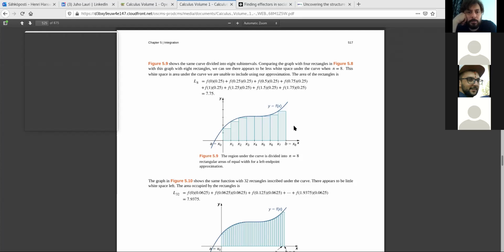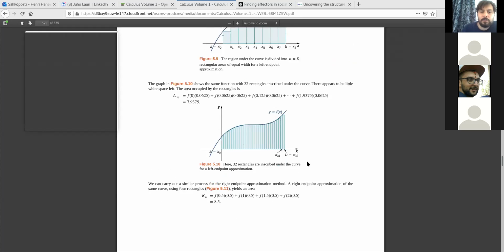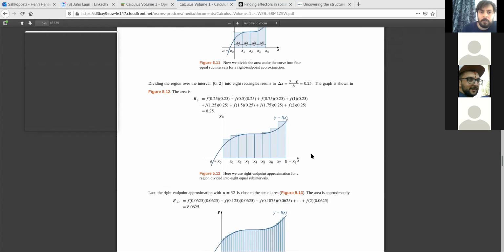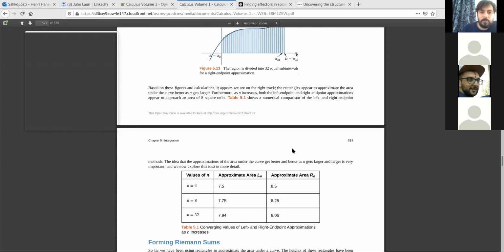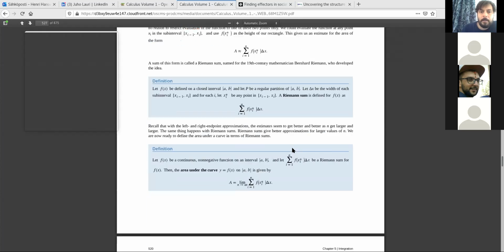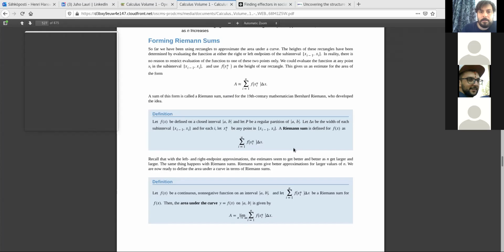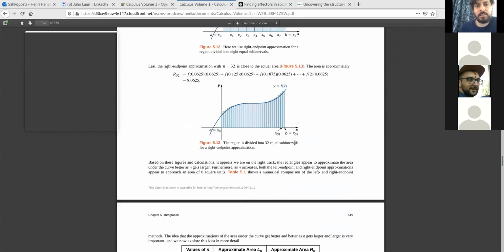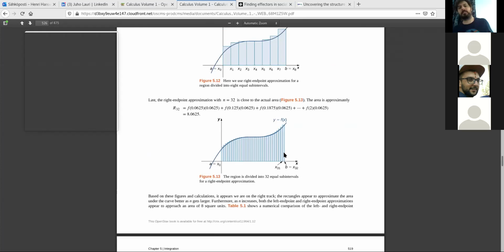The left approximation for an increasing function tends to go up, and the right approximation tends to go down. Here are some examples, not going to go over these. And this works as long as the function is either increasing or decreasing inside the box.